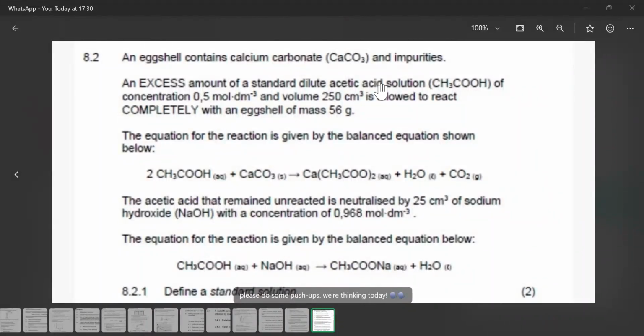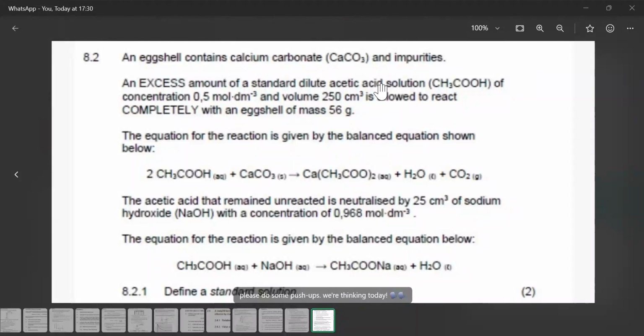Why? Because the acid is in excess. So what we need to do here actually is to determine the number of moles of the acid that reacted with calcium carbonate.